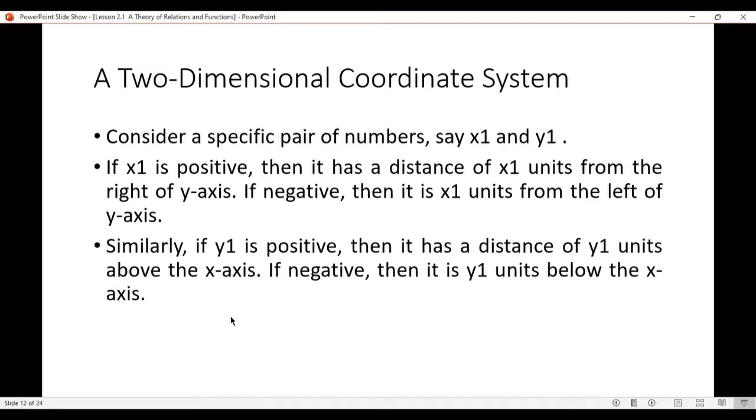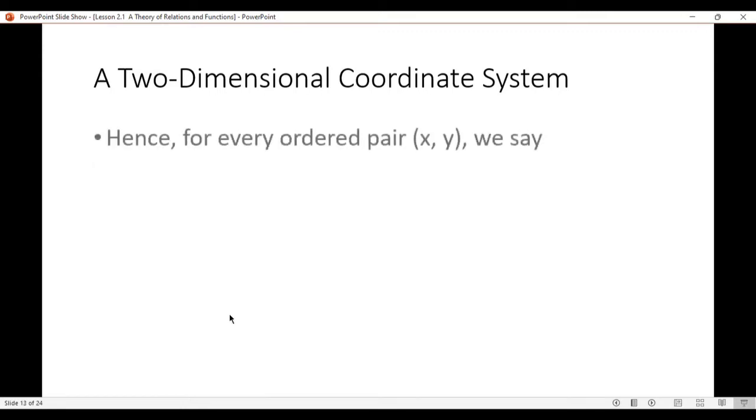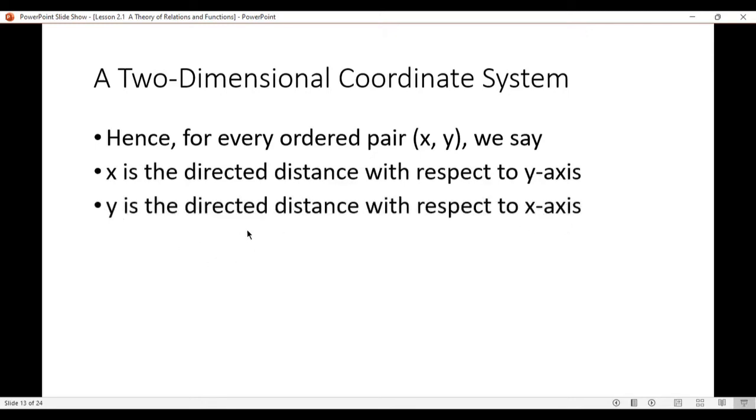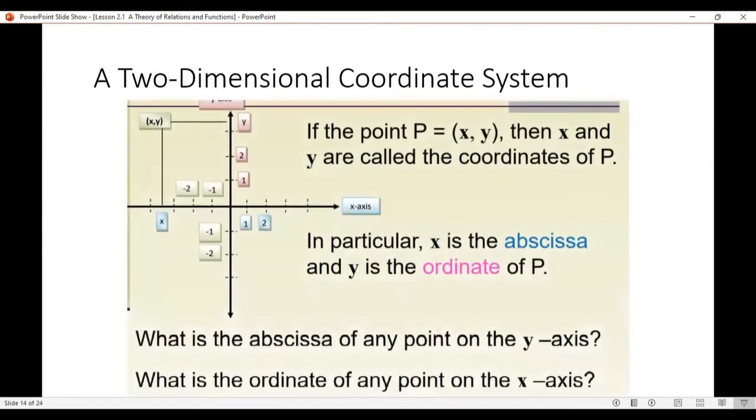And if negative, then it is y sub 1 units below the x-axis. Hence, for every ordered pair (x, y), we say x is the directed distance with respect to y-axis and y is the directed distance with respect to x-axis.